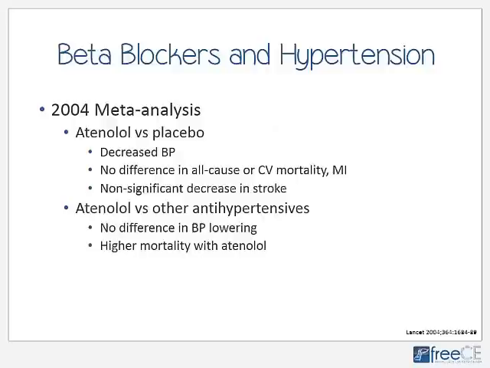So comparing atenolol to placebo, there was a decrease in blood pressure, obviously, but no difference in all-cause or cardiovascular mortality, no difference in reduction in stroke. Then when we compared atenolol to other antihypertensives, there was no difference in blood pressure lowering and also a higher mortality rate with atenolol. So that was concerning and started to raise some eyebrows to say, maybe we need to take a second look at our beta blockers.